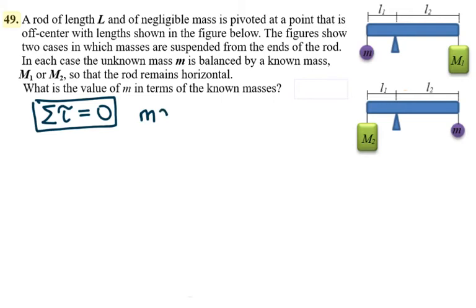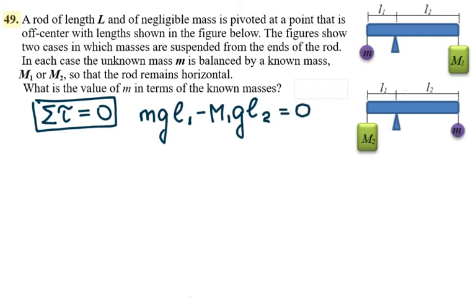So mg is the force acting, and the distance from the point of rotation is L1. And then the second mass would make it rotate in the negative direction, so it's negative m1g, and the distance is L2. And the angles are sine 90 degrees, so that is just 1. And it is in equilibrium, so it equals 0.